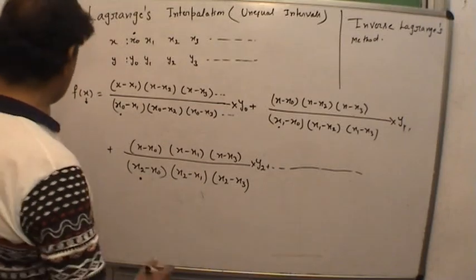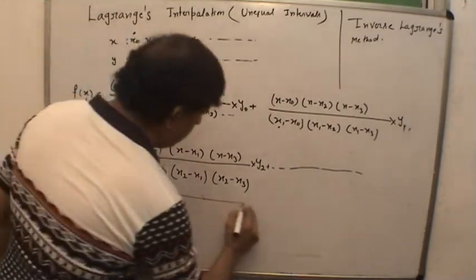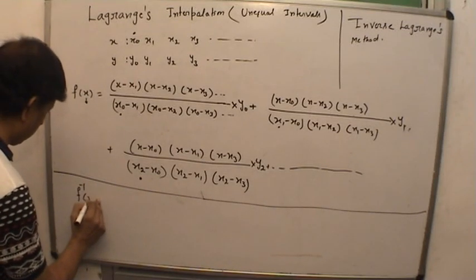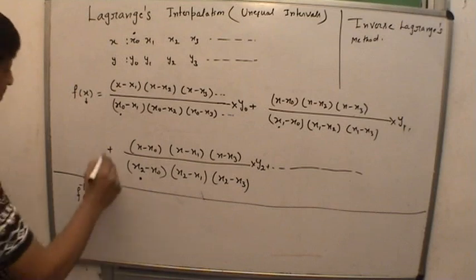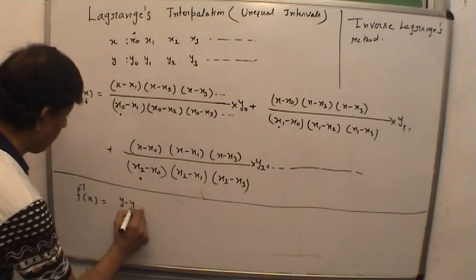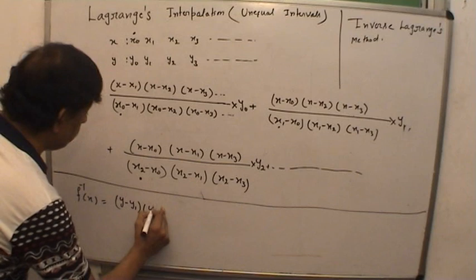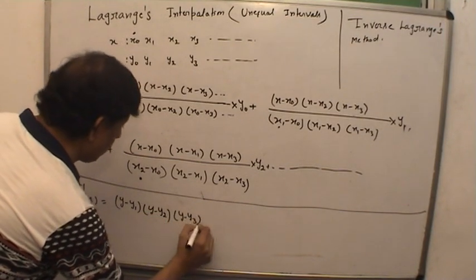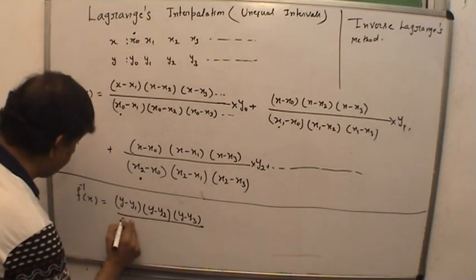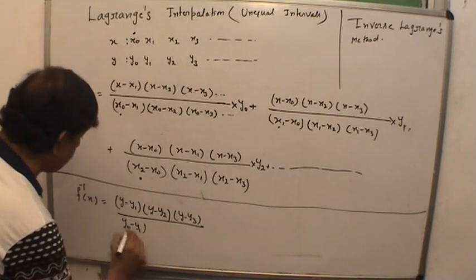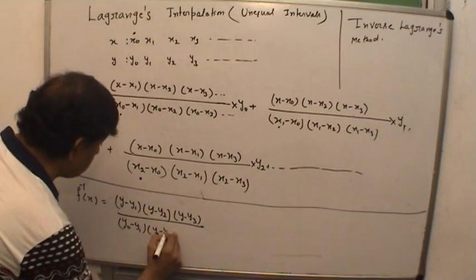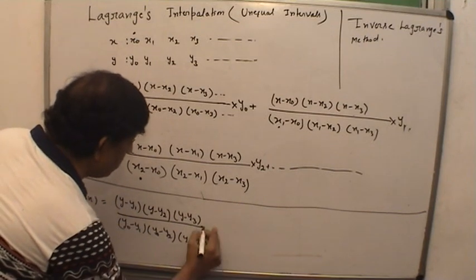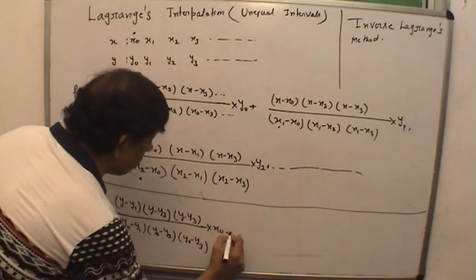If we want to change this formula into the inverse interpolation, Lagrange's interpolation, f inverse x is equal to, we can write, (y minus y1) into (y minus y2) into (y minus y3) divided by (y0 minus y1), (y0 minus y2) and (y0 minus y3), into, and here we write x0, and plus so on.